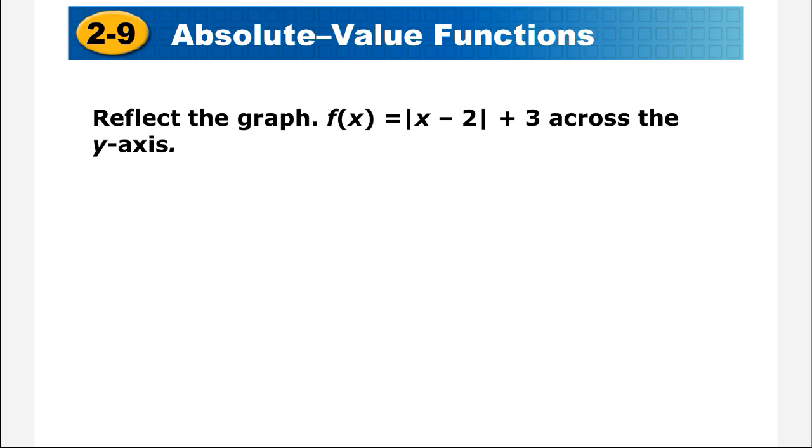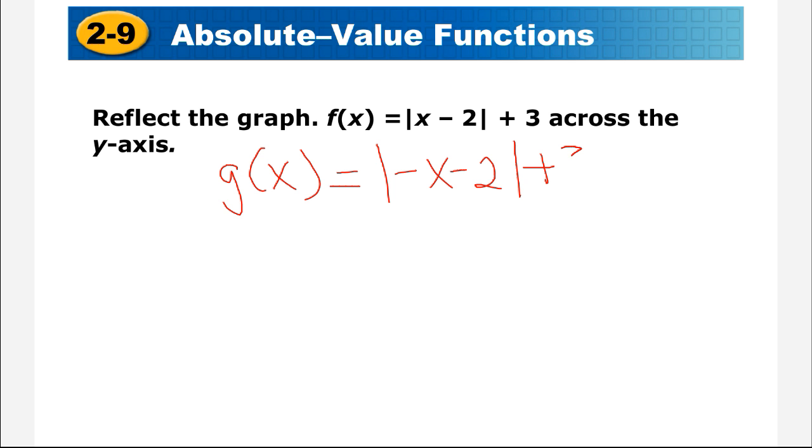So if we wanted to reflect the graph across the y-axis, then you are substituting in -x for the x. So g of x equals the absolute value of -x minus 2 plus 3. So all we did was change the x to -x.